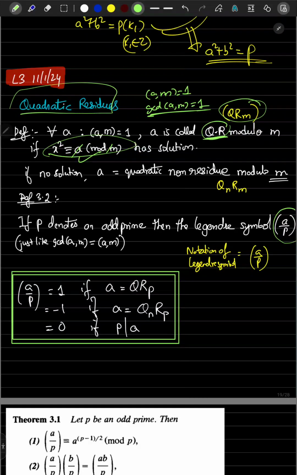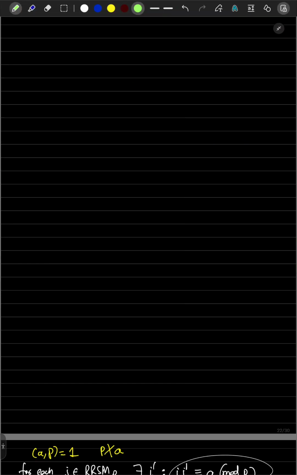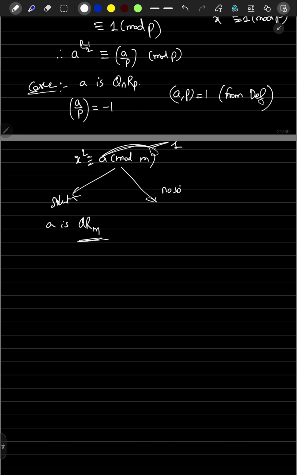If there is no solution, then we say a is a non-quadratic residue. So the basic point is x square is congruent to a mod m, in short, such that GCD of a comma m is 1. If it has a solution, then we call a a QRM. The notation is like this.